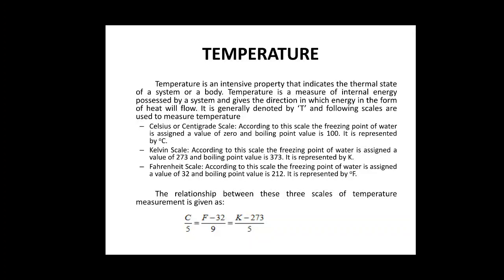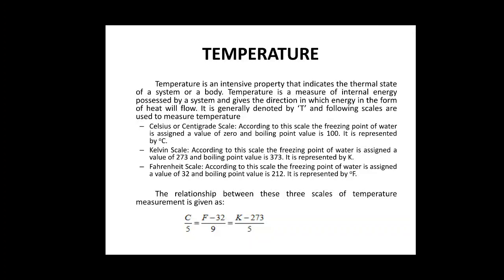Suppose a system needs to be defined, it can be defined by some property. One such property is temperature. A system can also be defined by other properties, like pressure, volume, etc., that we learned in our thermodynamics class last semester. So temperature is an intensive property that indicates the thermal state of a system or a body.